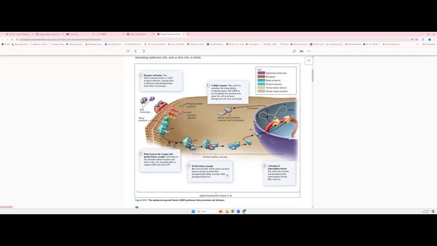And then this kind of binding will start a protein kinase cascade in which this new RAF protein will phosphorylate another protein called MEK, and then MEK will phosphorylate ERK.